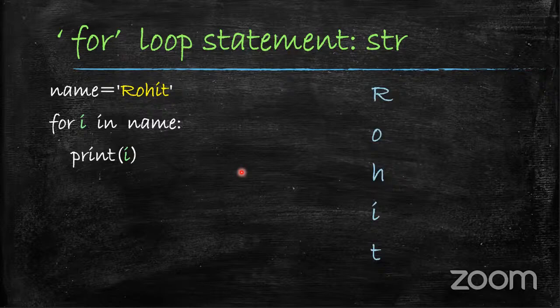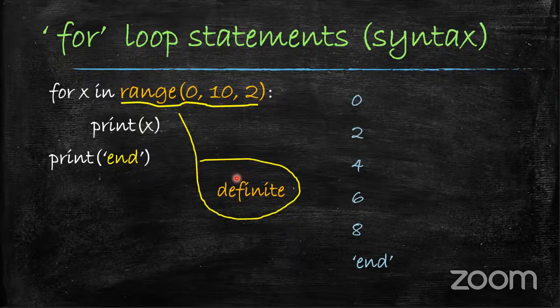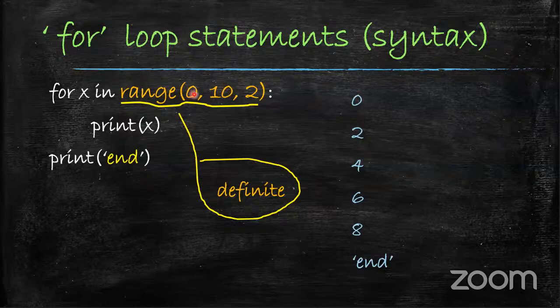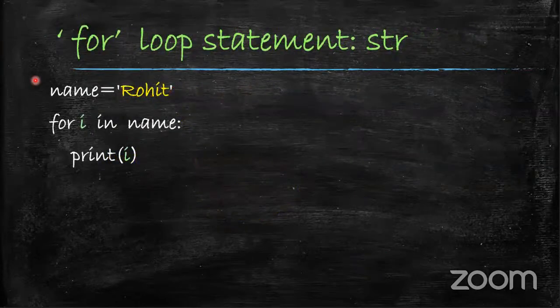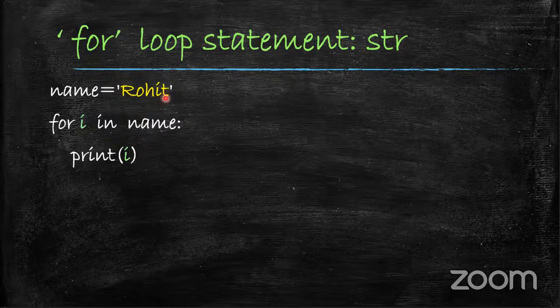Now the question is that in the previous case, the 10 was never printed, which was the end of the range, because the range was taken from 0 to 8. And here the sequence itself contains T also, not like the previous case where 10 was not part of the sequence.